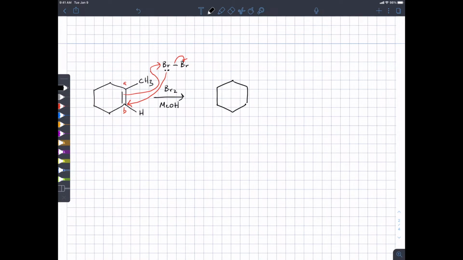This can happen from above the plane of the double bond, and it can also happen from below. So we would expect to get these two bromonium ions. I'm drawing them both because they're no longer identical, because A and B are not identical to each other. So these are now enantiomeric bromonium ion intermediates.